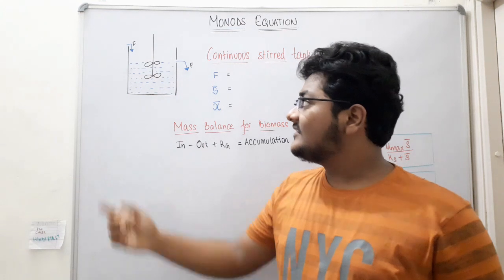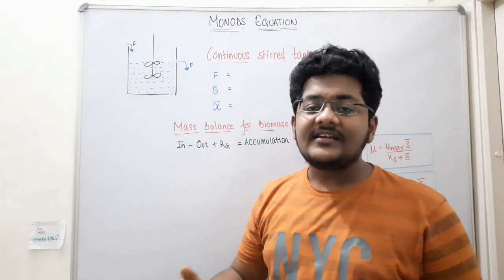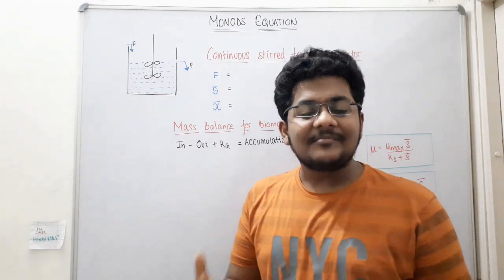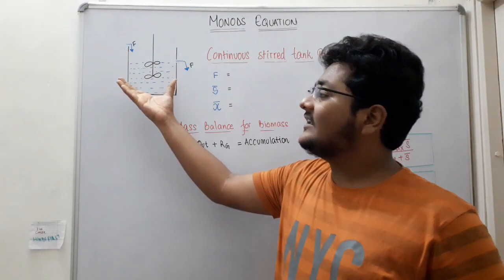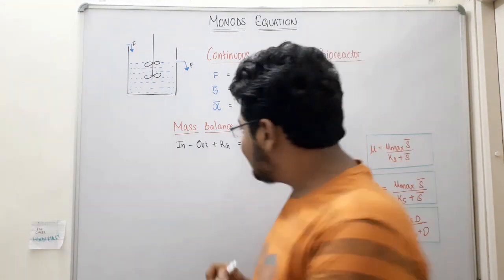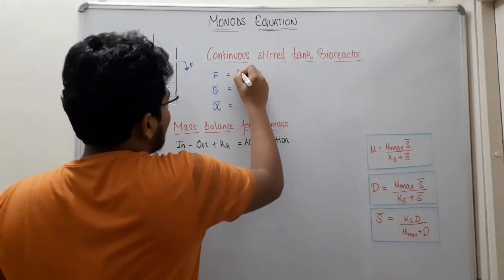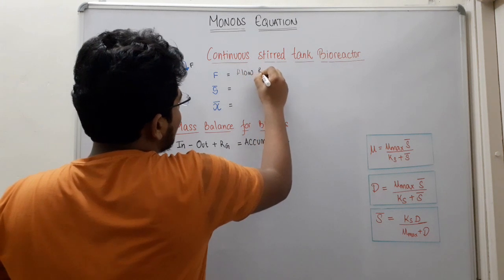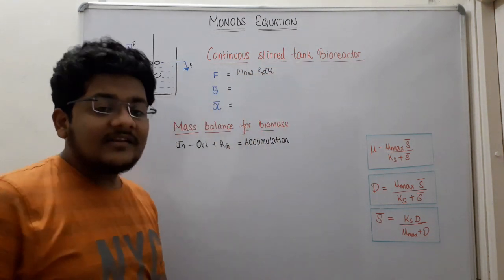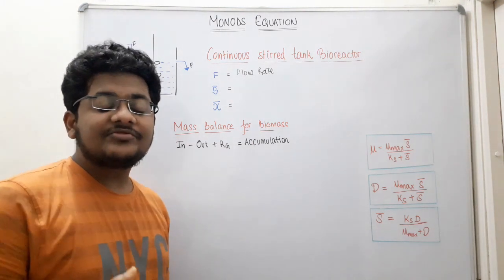The only difference is the inflow contains the substrate and the outflow contains the biomass, the toxic substances, the metabolites. Whatever is present in this homogeneous mixture, it is going to contain that. So F represents the flow rate. Now S bar represents the steady state substrate concentration.